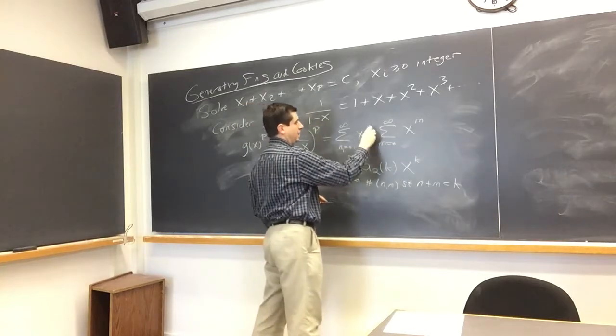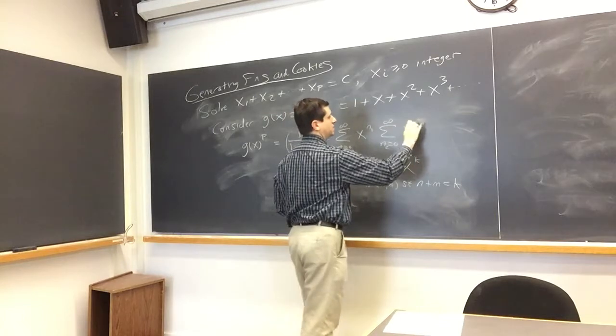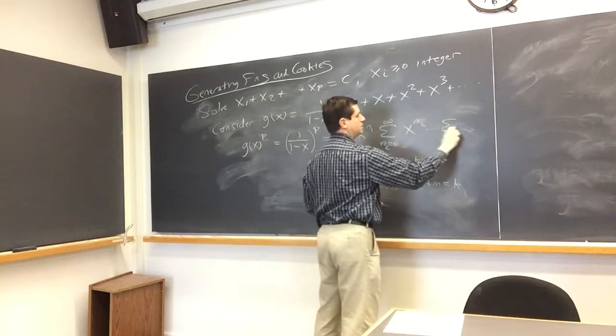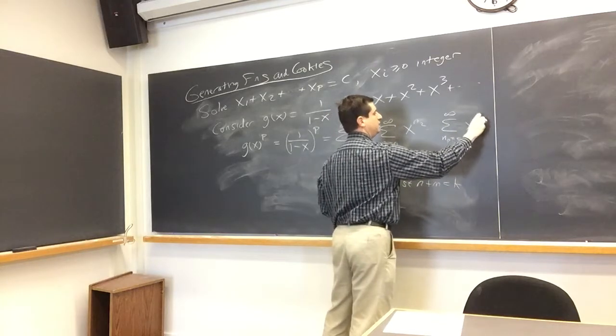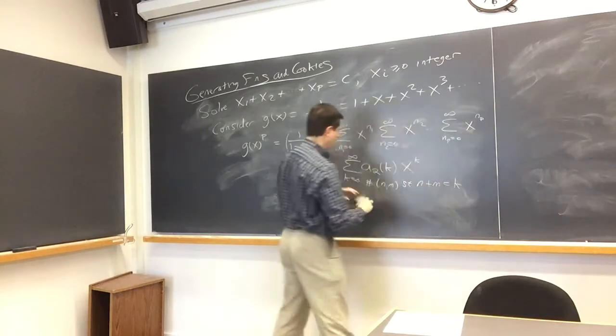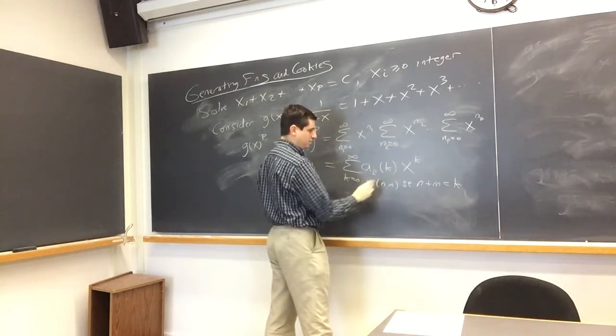I'll call this the sum of n1, x to the n1, times n2, x to the n2, dot dot dot, sum n_p goes from 0 to infinity, x to the n_p. And now all that changes here is this becomes a p.